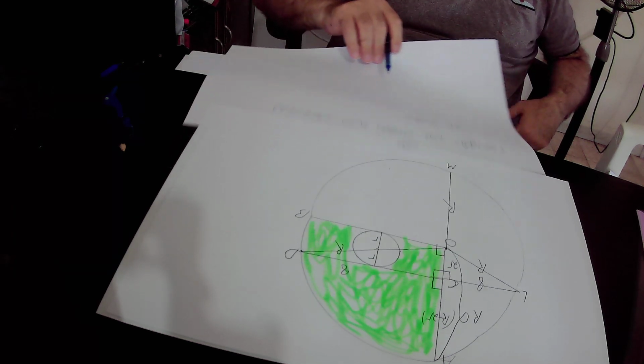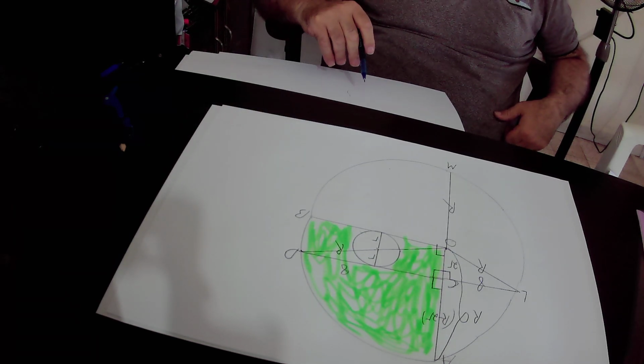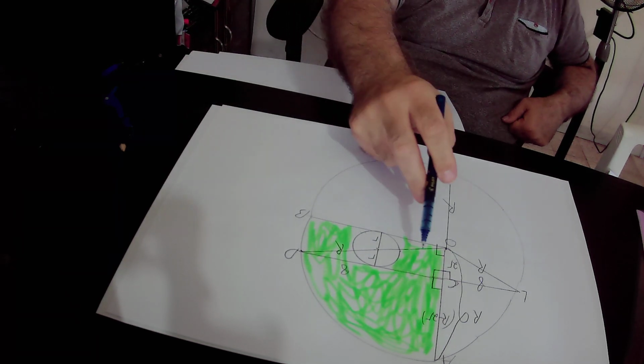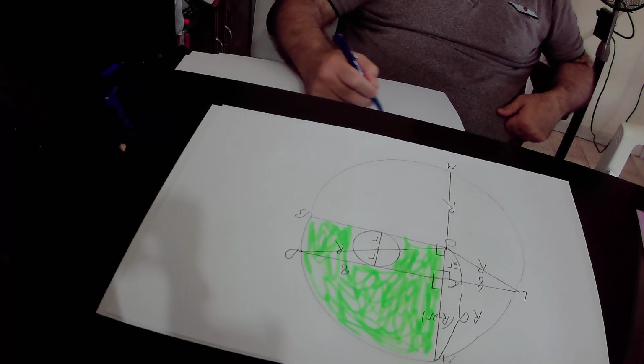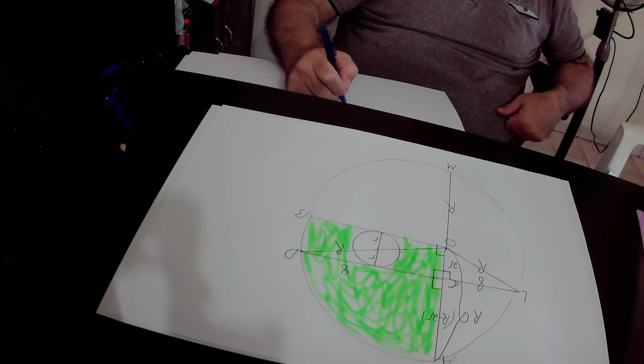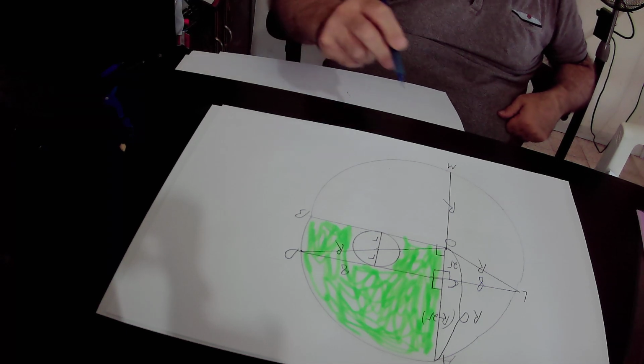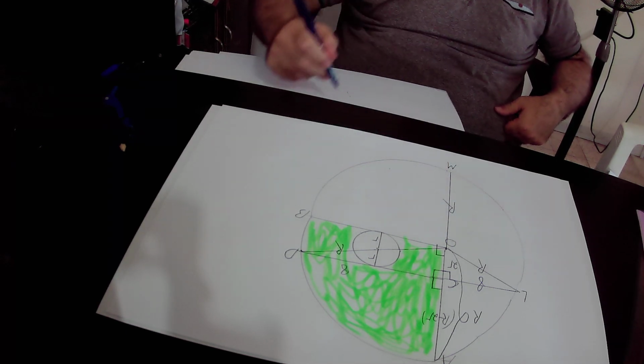Therefore, according to rule number 11, we get that DC times CL equals AC times CM.